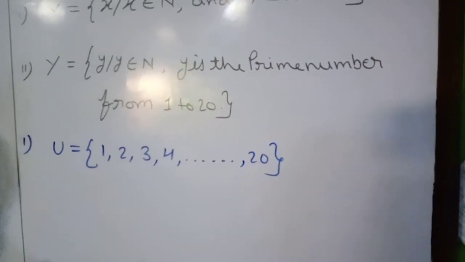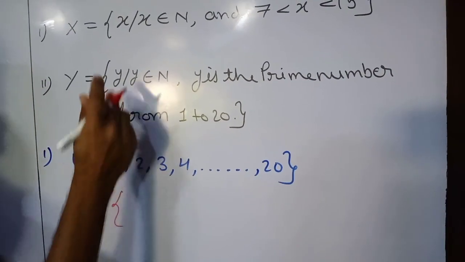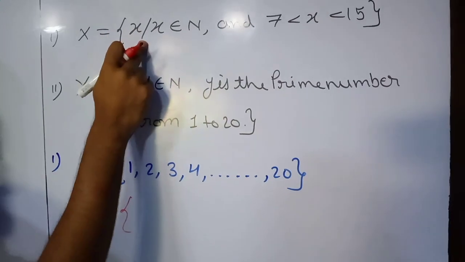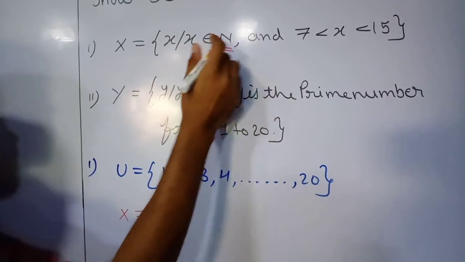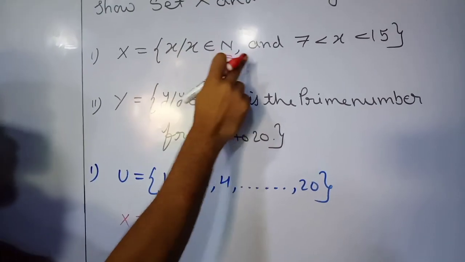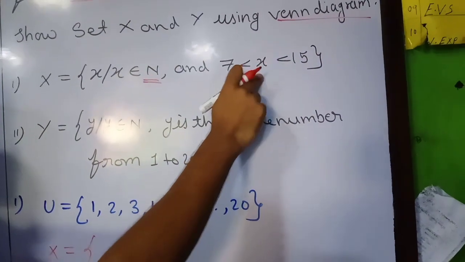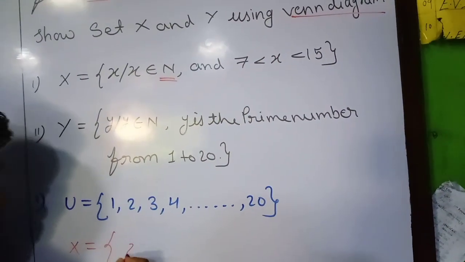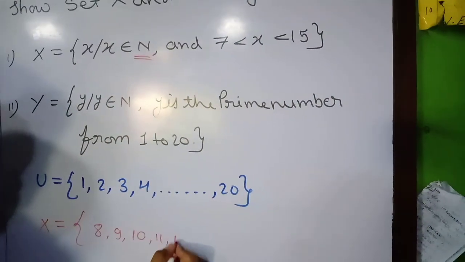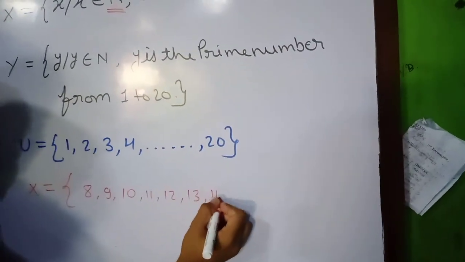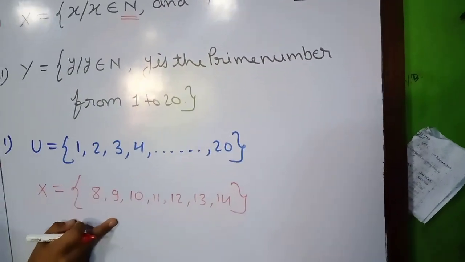Now X is such that X is an element of N, a natural number, and X is more than 7 and less than 15. More than 7 means it starts from 8, 9, 10, 11, 12, 13, 14. Less than 15 means till 14. So this is the set X.